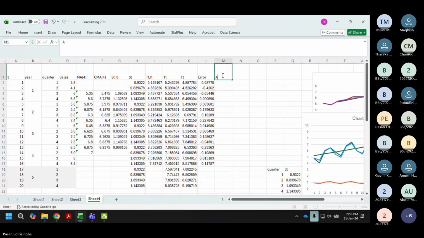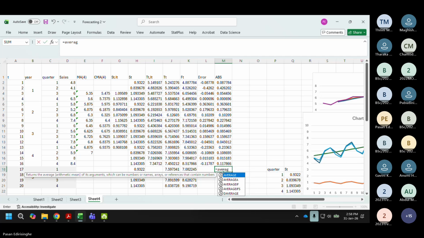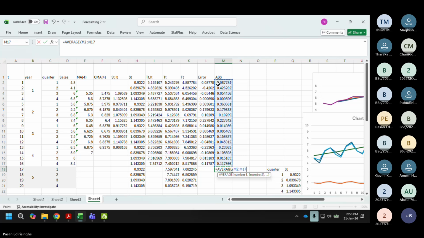So the absolute deviations, so these are my mean absolute deviations.